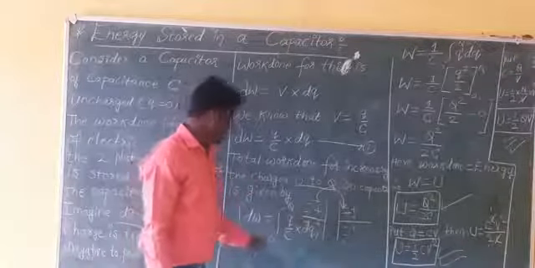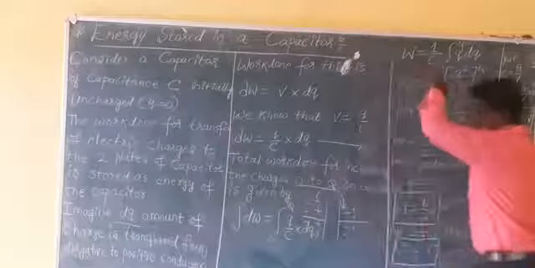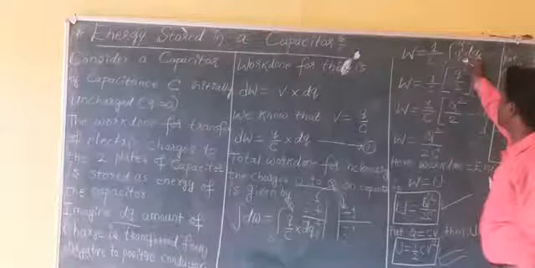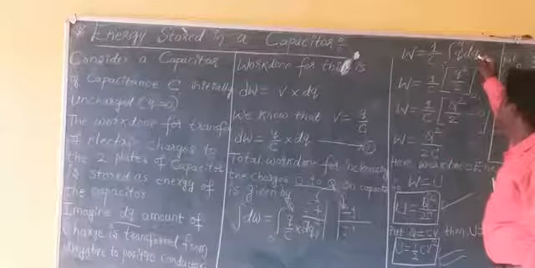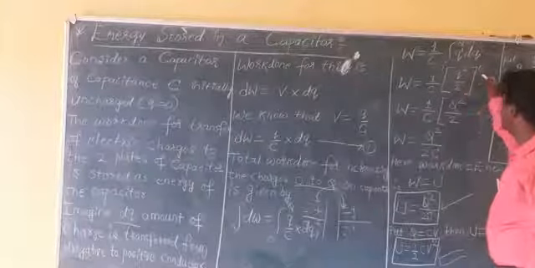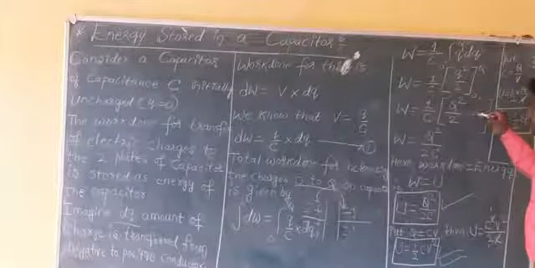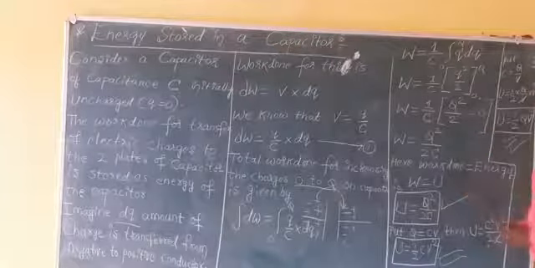So W equals 1 by C into integration of Q dq, which is Q square by 2. Substituting the limits, Q square by 2 minus 0, so W equals Q square by 2C.